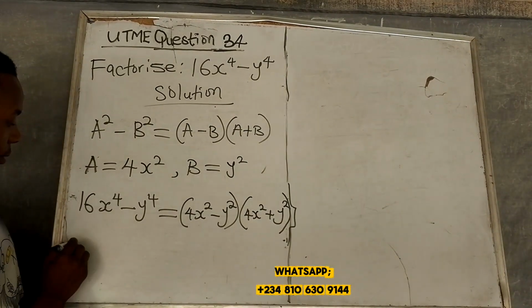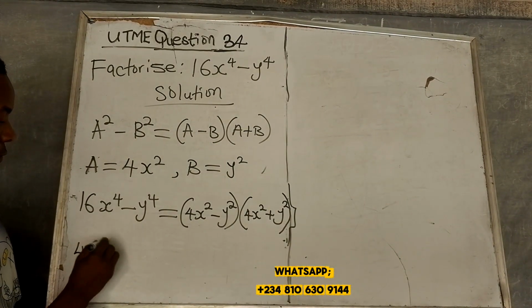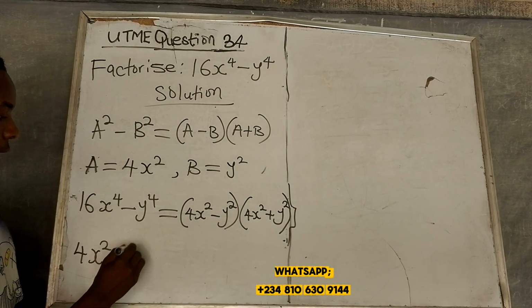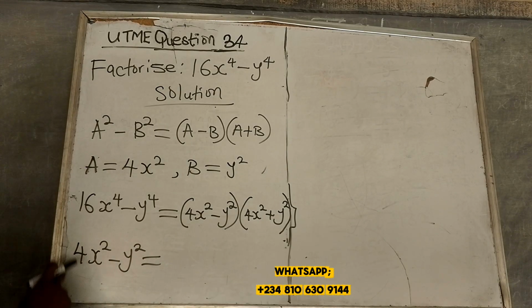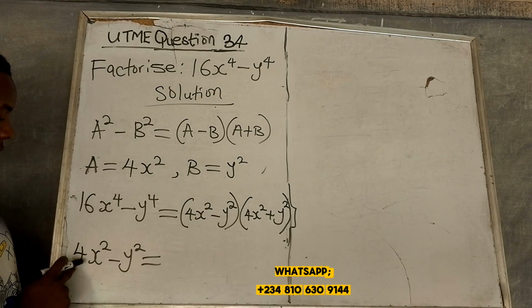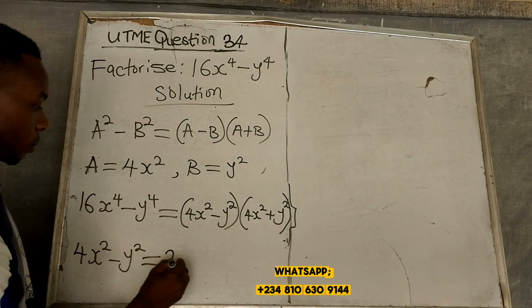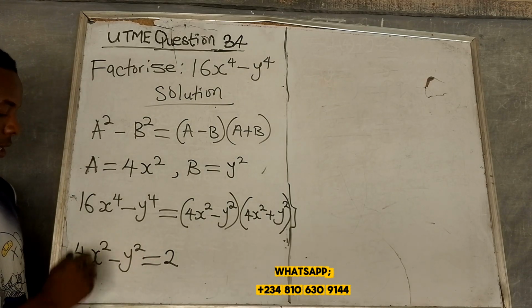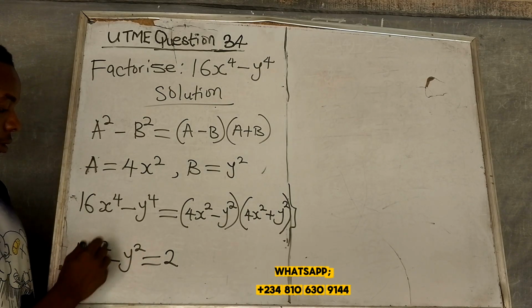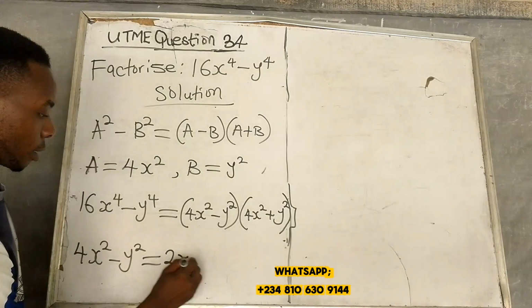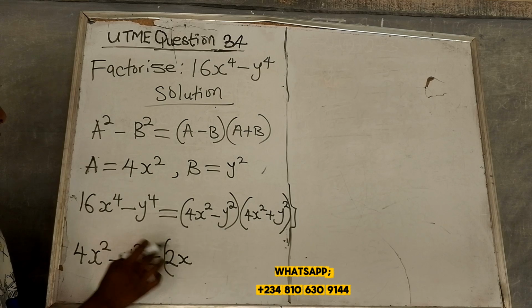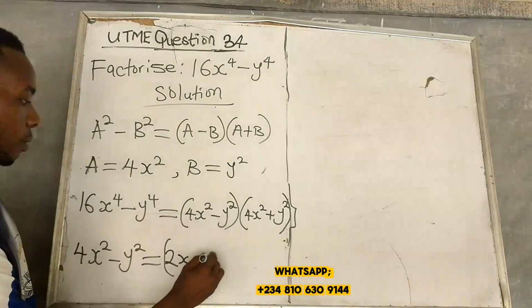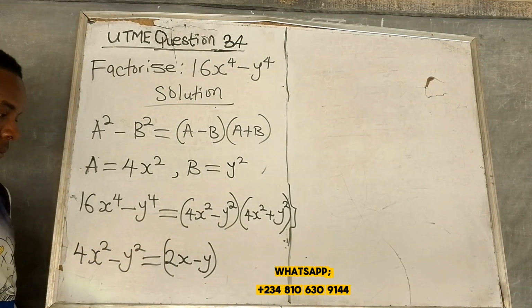So to factorize this, 4x squared minus y squared will be equal to, right? Now I told you that the square root of 4 is 2. The square root of x squared, like the square root cancels the square, gives us x. So this is 2x, this is the a, and the b will be y.